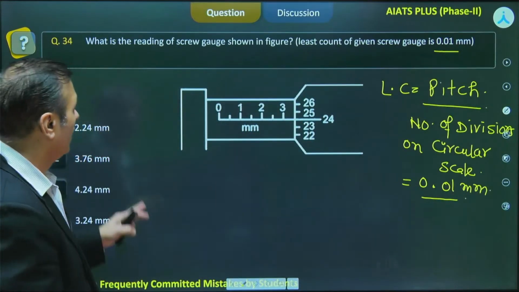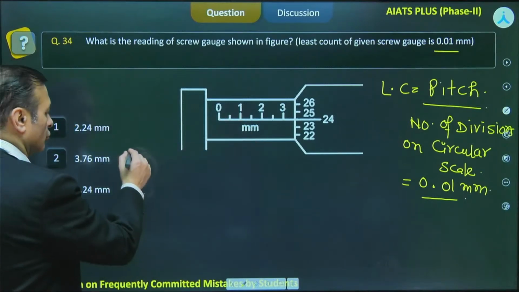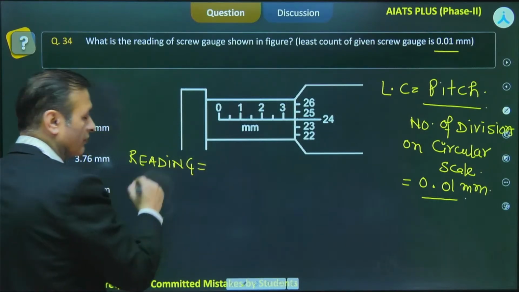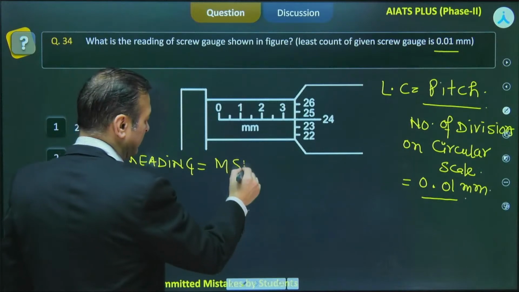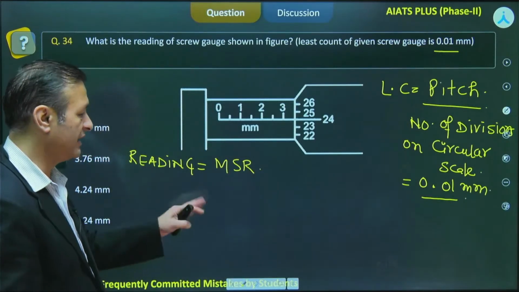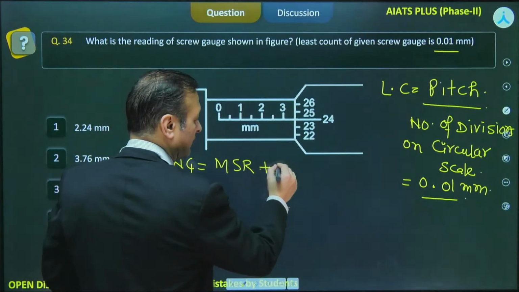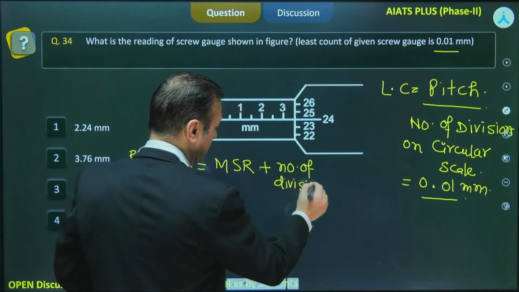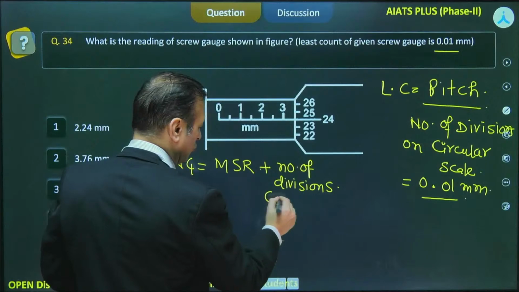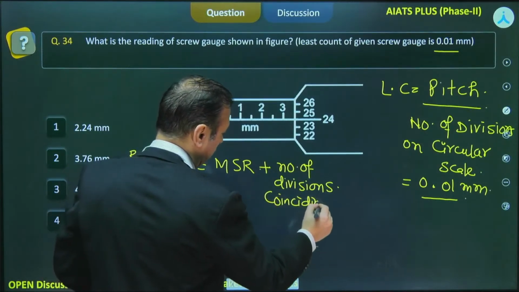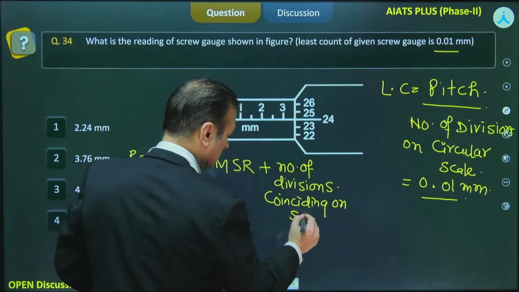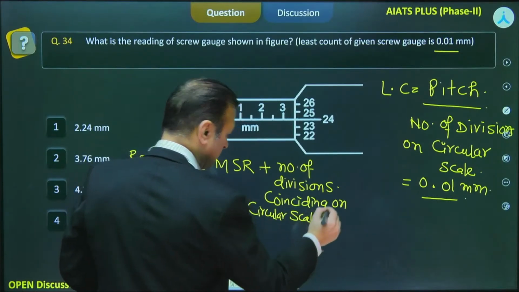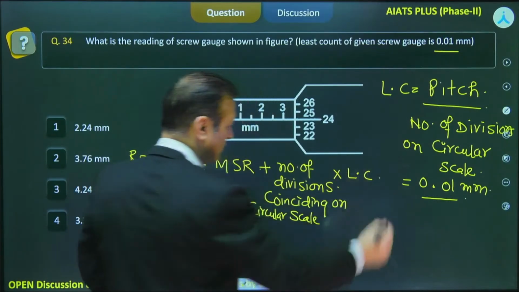Now the question is, how will you take the reading for this one? So the generalized formula for the reading of this instrument is the main scale reading, MSR, plus the number of divisions coinciding on the circular scale multiplied by the least count.